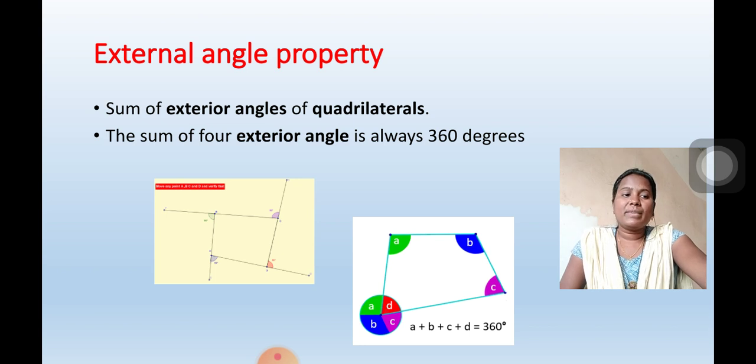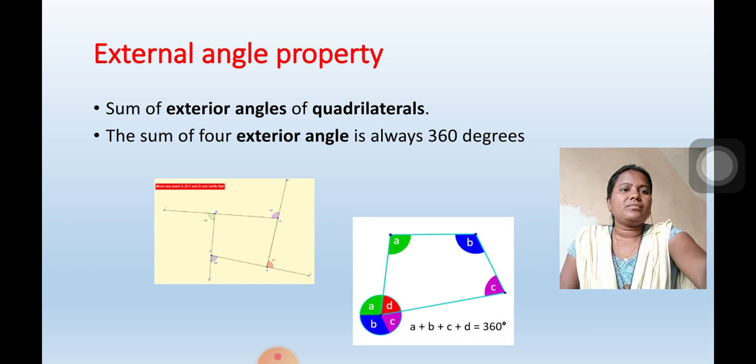So after making them a circle, you are going to get the complete angle. What is the measure of complete angle? That is 360 degrees. Therefore, the sum of angles of a quadrilateral is what? It is 360 degrees. Yes.